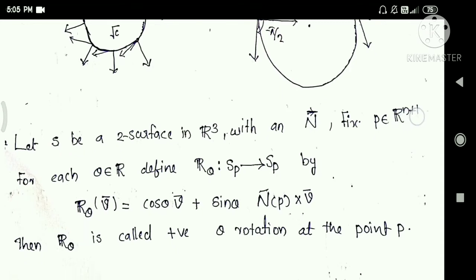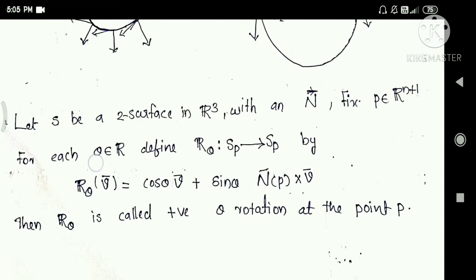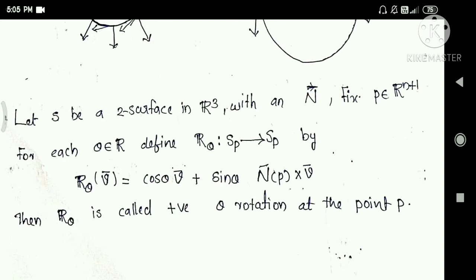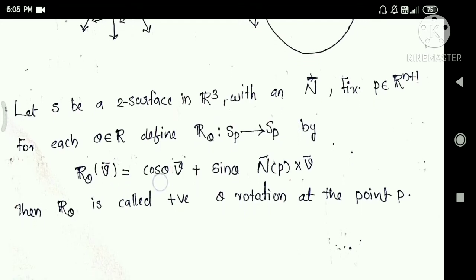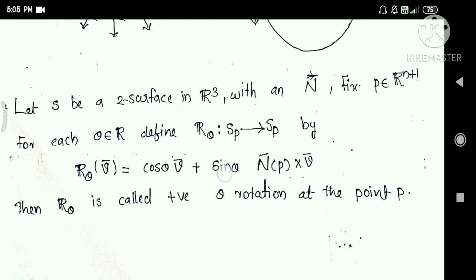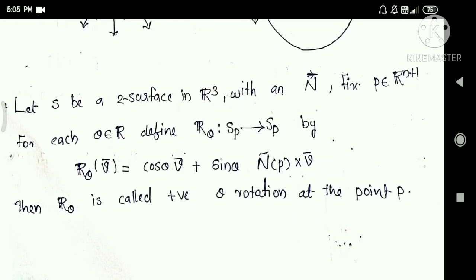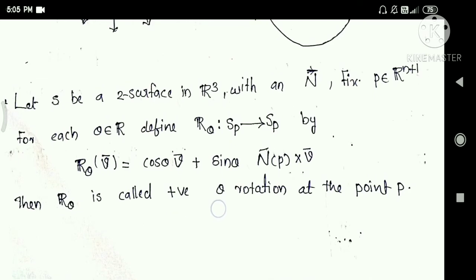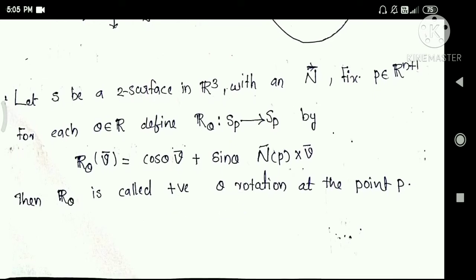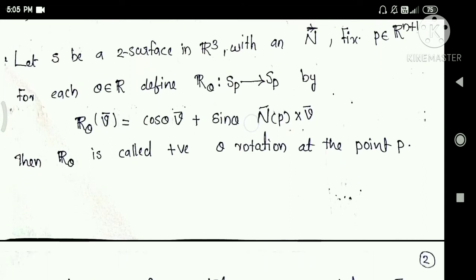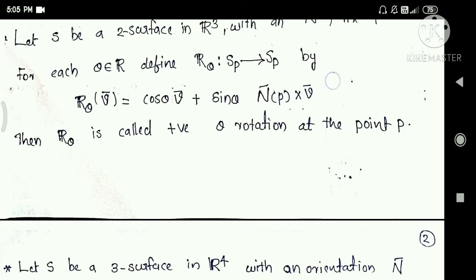For each theta belonging to R, define R theta from SP to SP by R theta of V equal to cos theta V plus sin theta N of P cross V. Then R theta is called the positive theta rotation at the point P. Here V is a vector in Rp and V equal to PV.